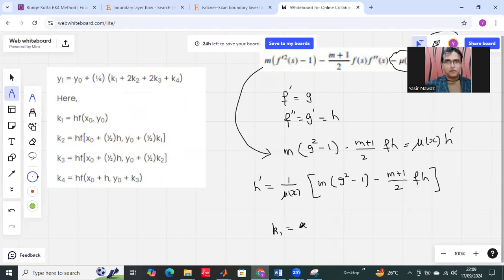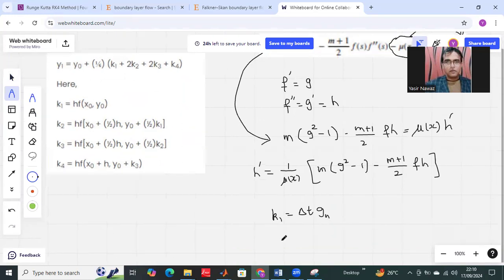H is delta T, the step length, and the function is evaluated at n. So it will be written as delta T times G, and then K11, then K12. K12 would be delta T times H, so it would be H of n.